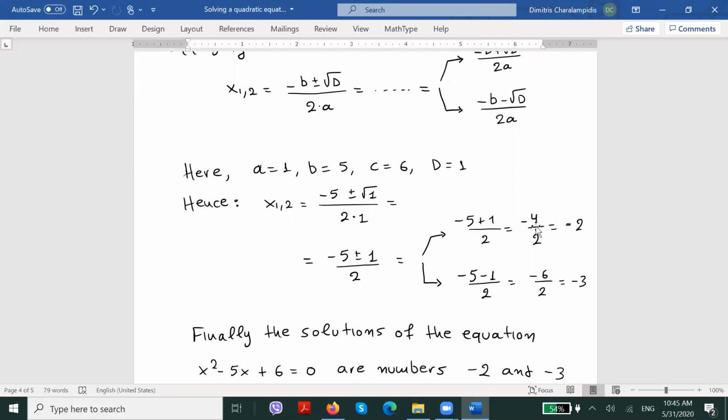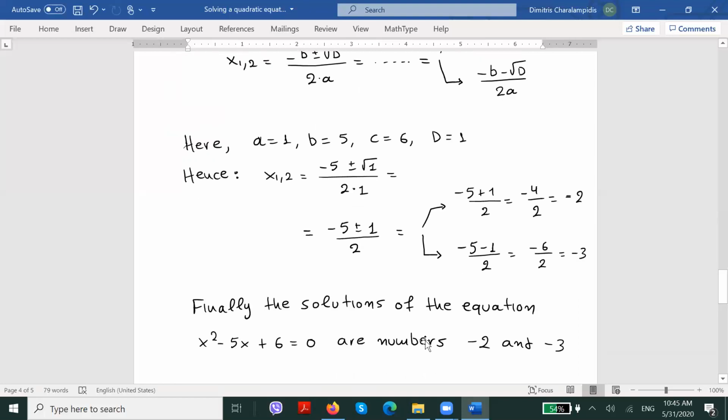Negative 5 plus 1 over 2, which equals negative 4 over 2, which is equal to negative 2, or negative 5 minus 1 over 2, which equals negative 6 over 2, which is equal to negative 3. Finally, the solutions of this equation are the numbers negative 2 and negative 3.